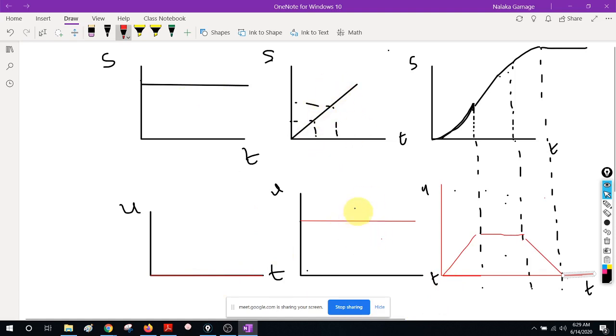Using this, predicting this is not a big issue. Why? This is a straight line. We know that the rate of change is the gradient, right?